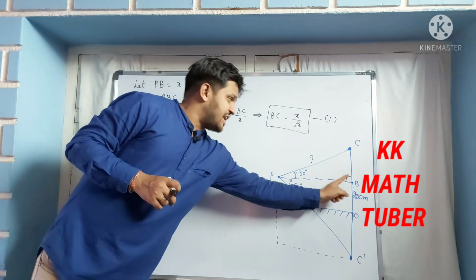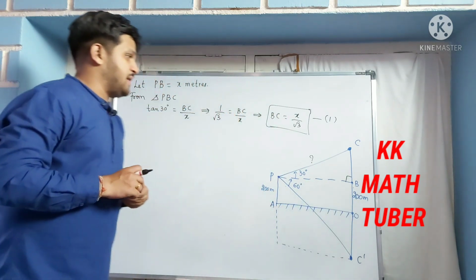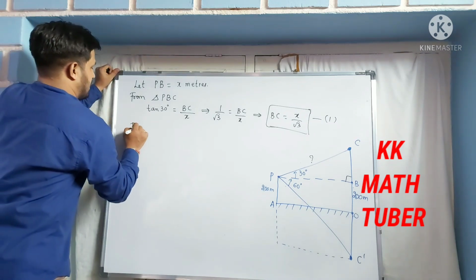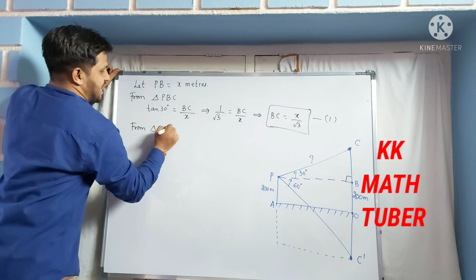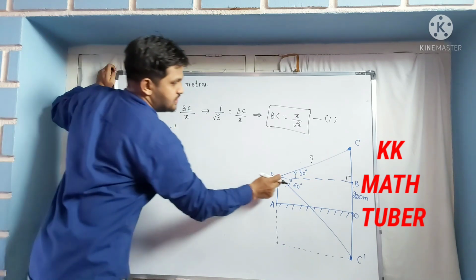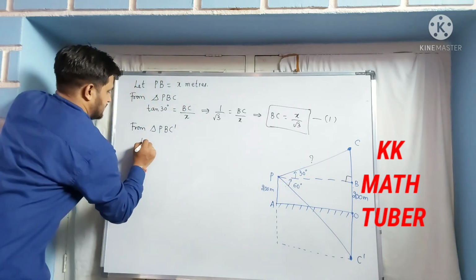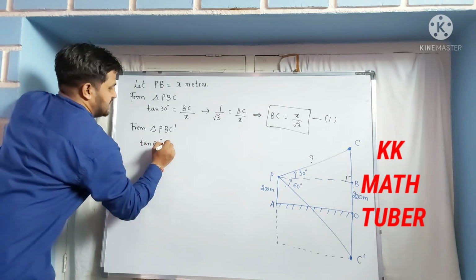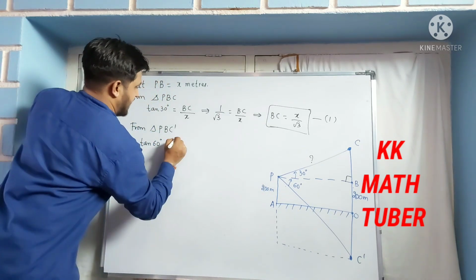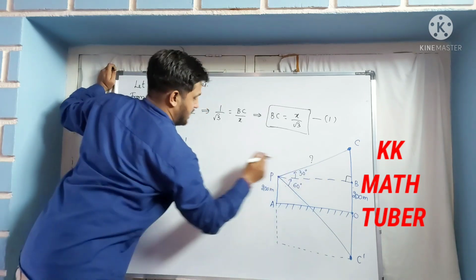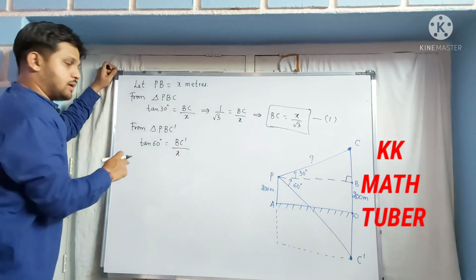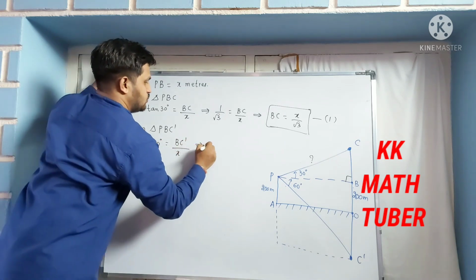So now look at triangle PBC dash. What is tan 60 degrees? Tan 60 degrees is nothing but BC dash divided by PB, which is x. But what is tan 60? Which is root 3.